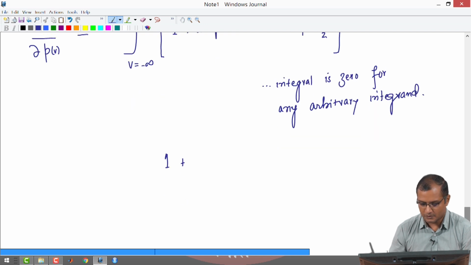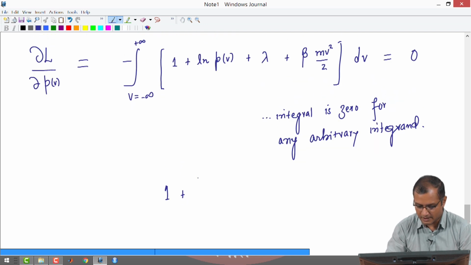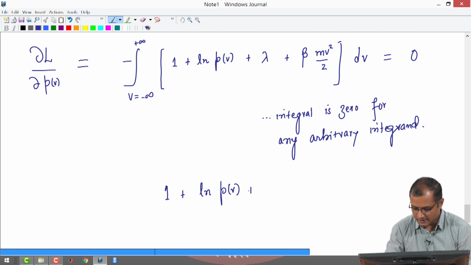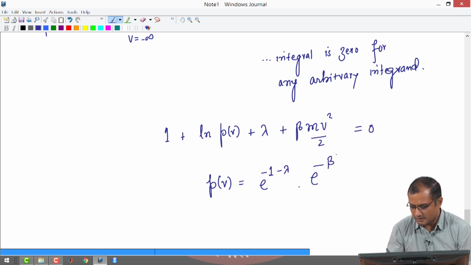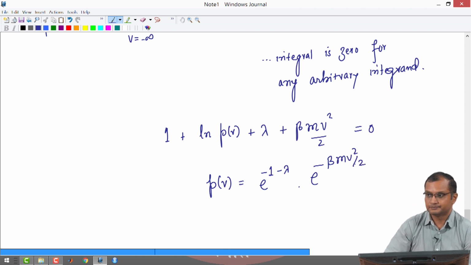Which means 1 plus ln P of v plus lambda plus beta mv square by 2 equals 0. And so, you can simply write down P of v as e raised to minus 1 minus lambda minus beta mv square by 2.